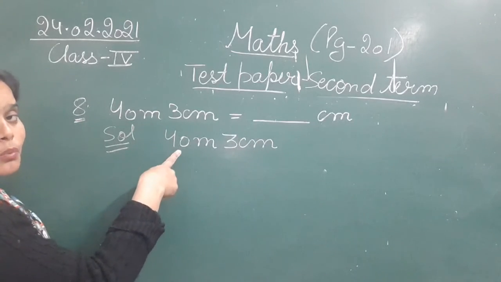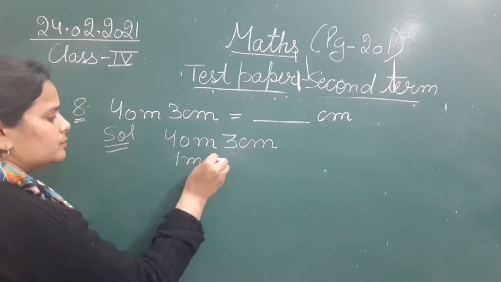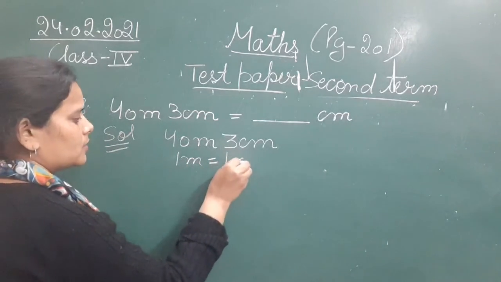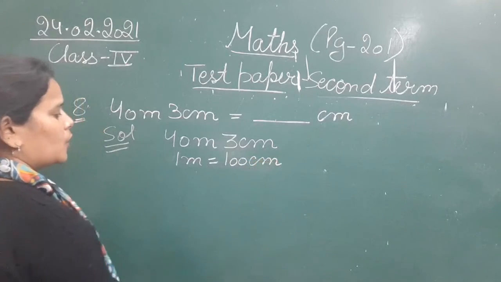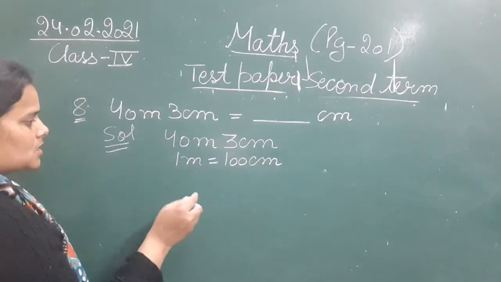We need to convert 40 meter only. 1 meter is equal to 100 centimeter.